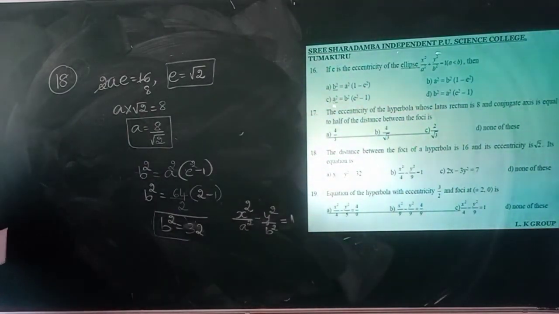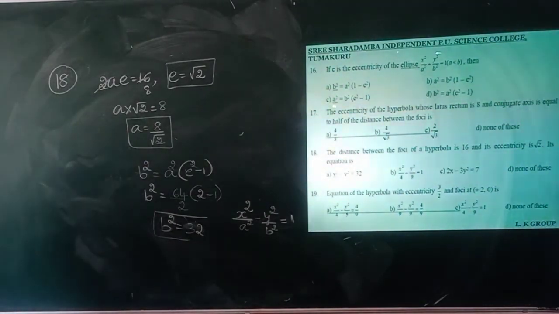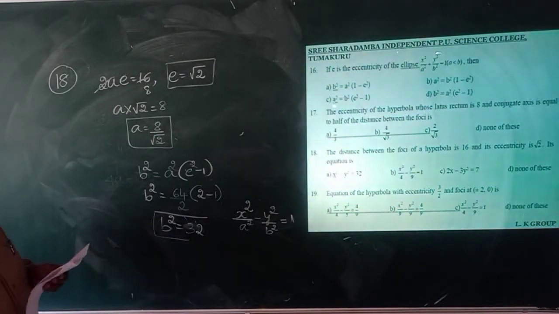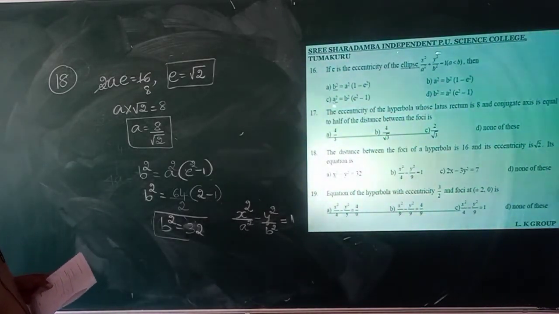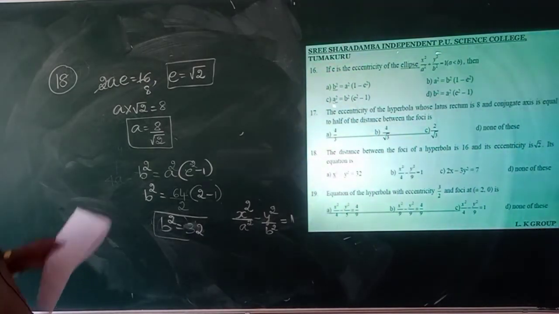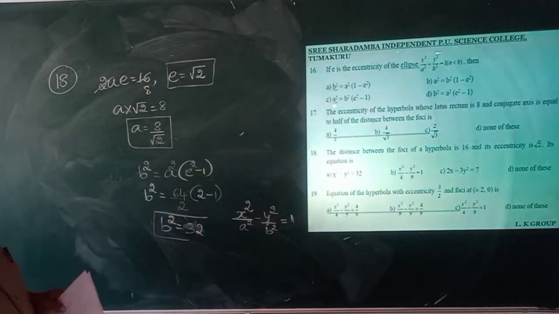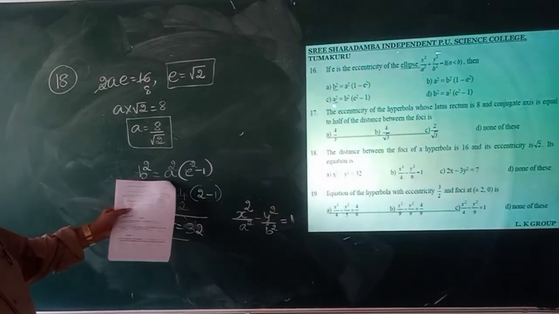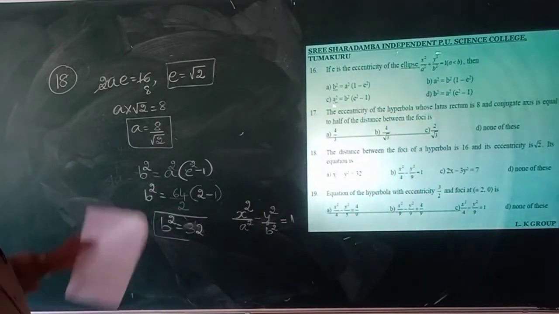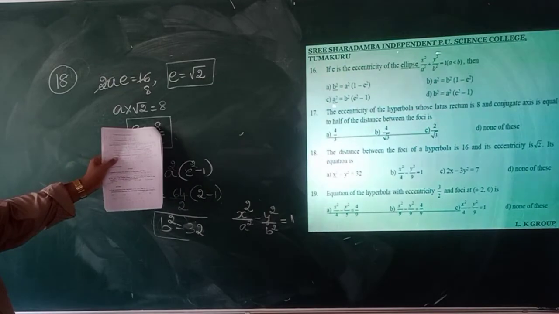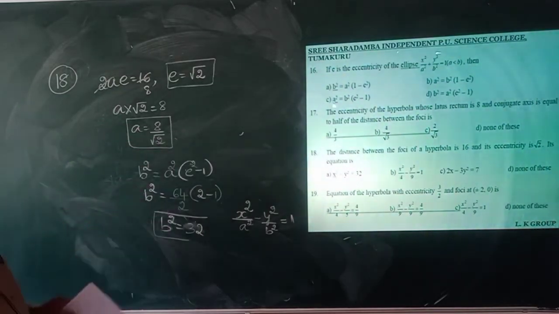Now you can observe 2a is equal to 16, a is equal to 8, e is equal to root 2. So therefore a is equal to 8 by root 2. b square is equal to a square into e square minus 1. a square value 64 by 2, that is 32.